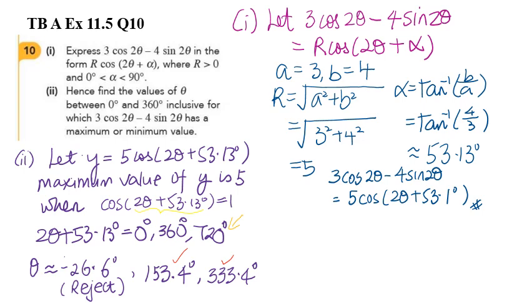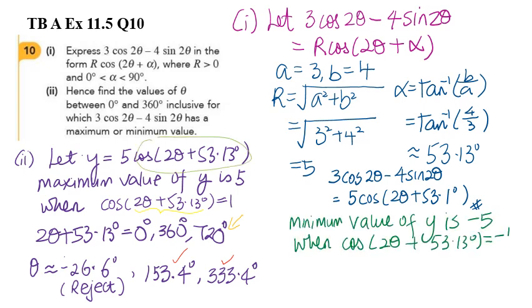Okay, now let's deal with the minimum value. The minimum value of y is when this one here is -1. Okay, and to get -1, it means this angle must be 180 because cosine 180 gives you -1. And remember we said that the angle theta has to be between 0 and 360.